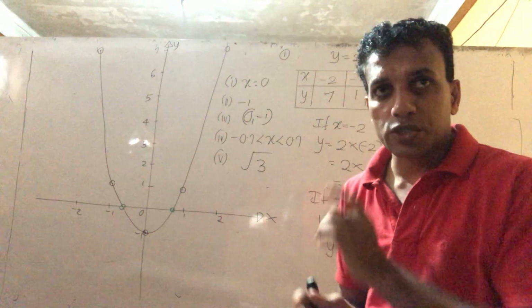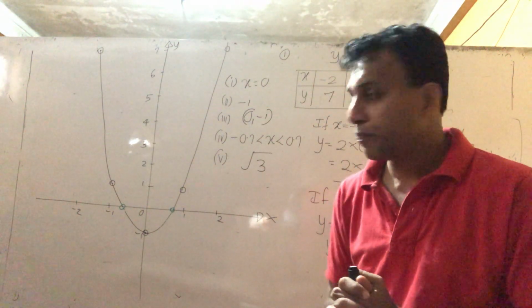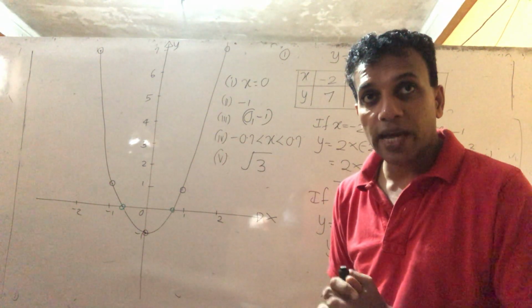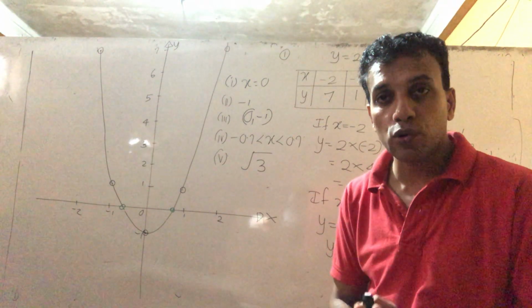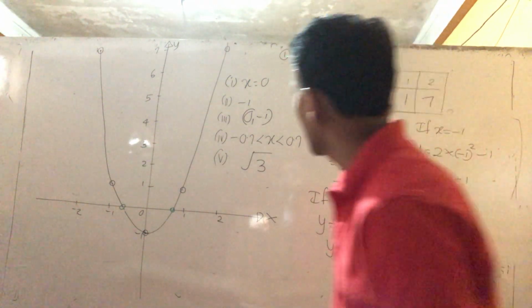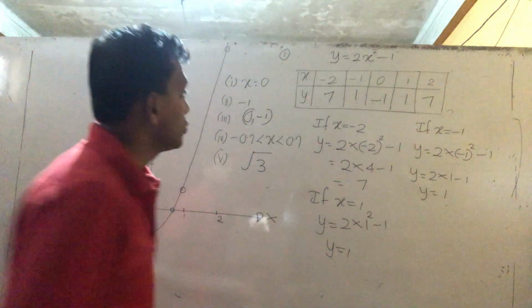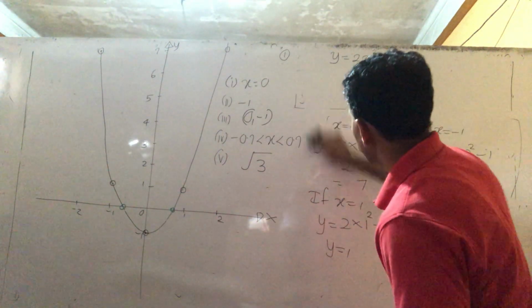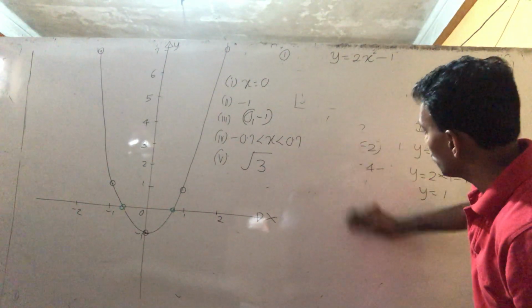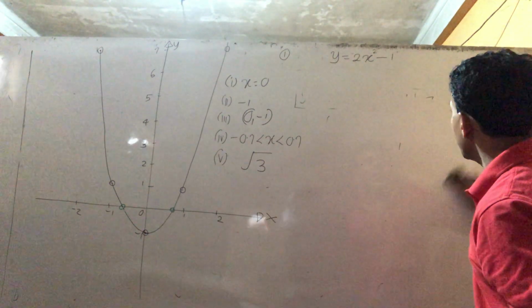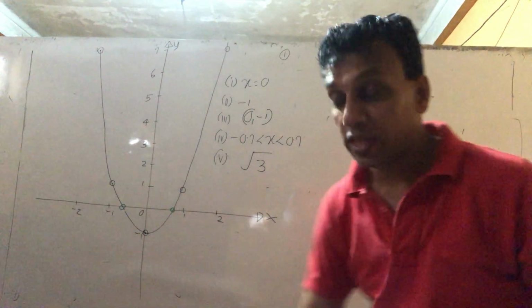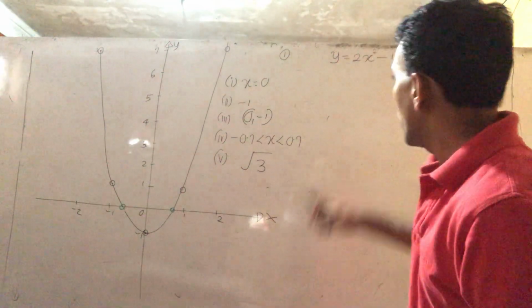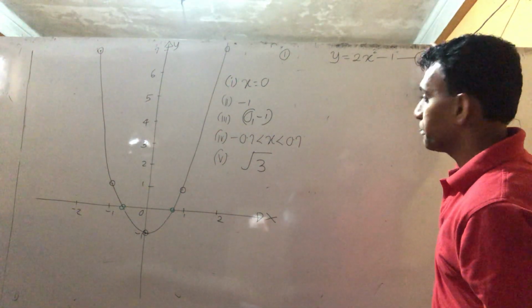I already showed one problem in the last video. So once again I'll explain the idea of how to find the square root using the graph. The graph we drew here has the equation y equals 2x squared minus 1. I call this the first equation.